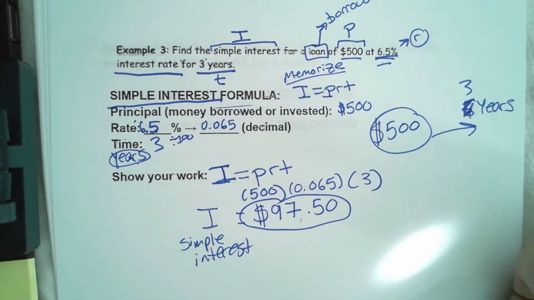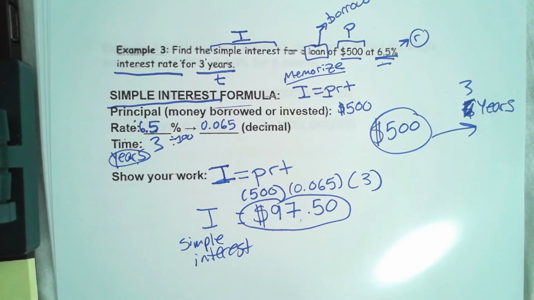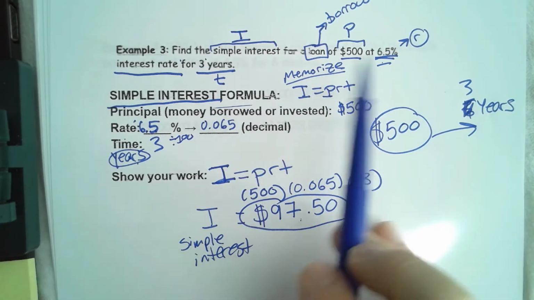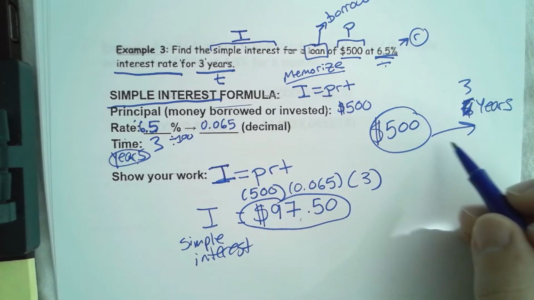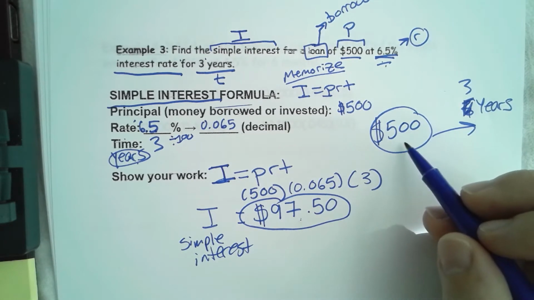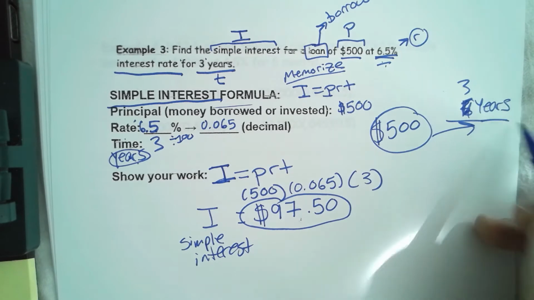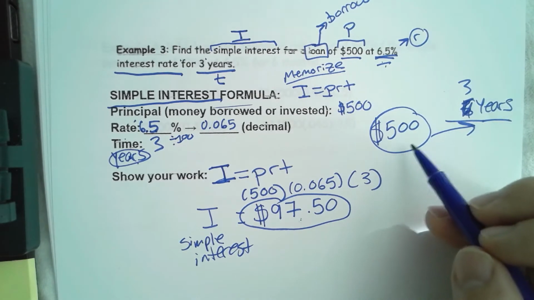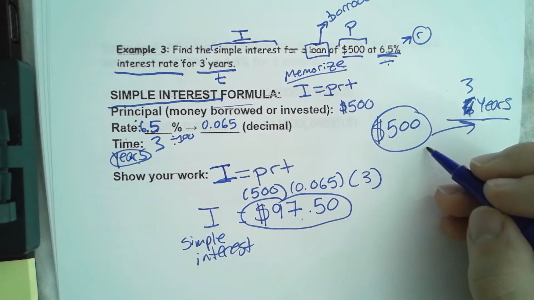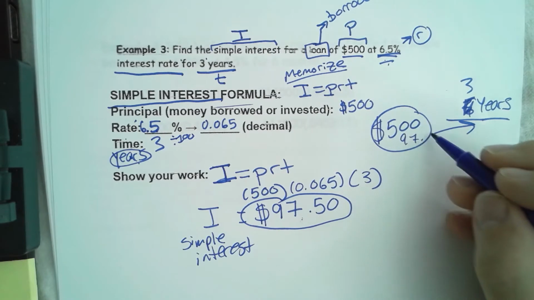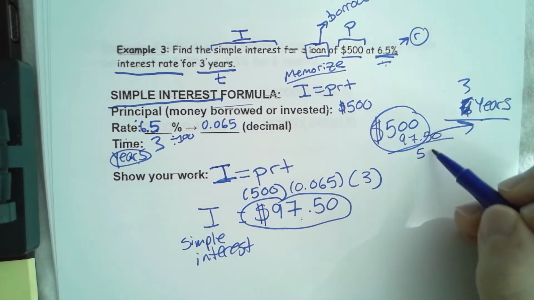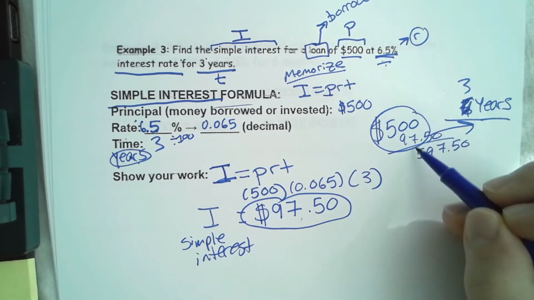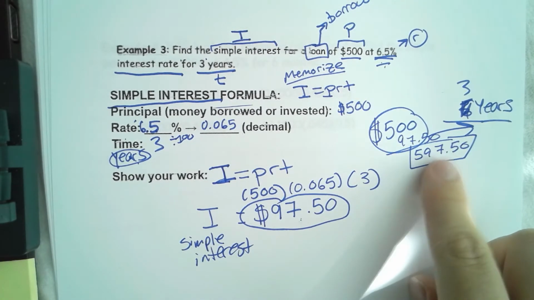And this is how banks make money, and this is how credit card companies make money, with interest rates. So if it takes you the whole 3 years to pay back the $500, you also have to pay $97.05 interest.